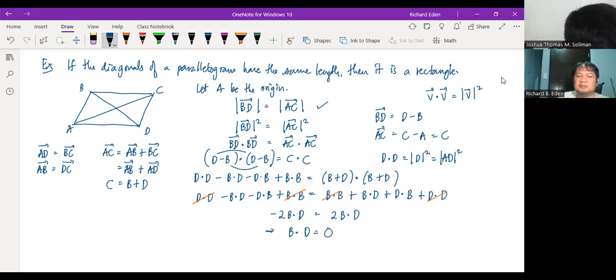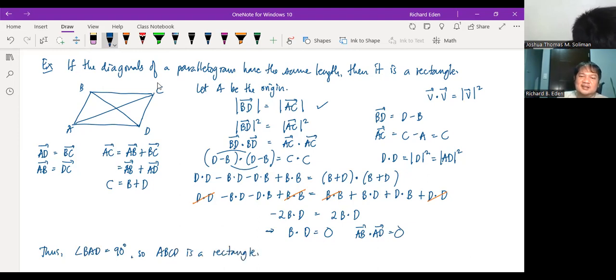But that means vector AB and vector AD have dot product equal to 0, which means at angle A we do have a 90-degree angle. Thus, angle BAD is 90 degrees. So ABCD is a rectangle.